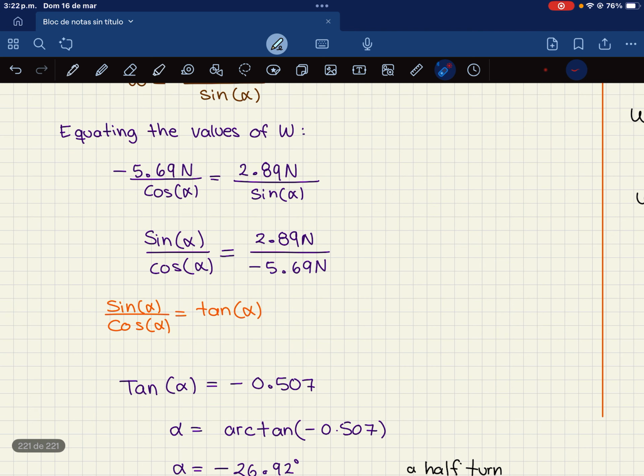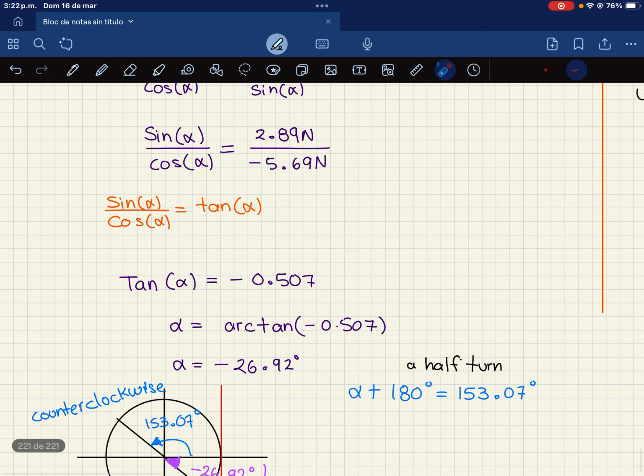Since sine divided by cosine is equal to tangent, and newtons here and here cancel out, we get tangent of alpha is equal to minus 0.507.